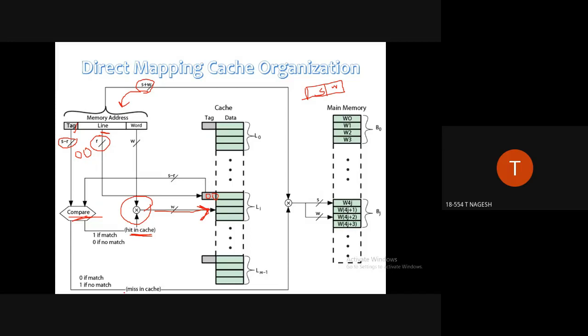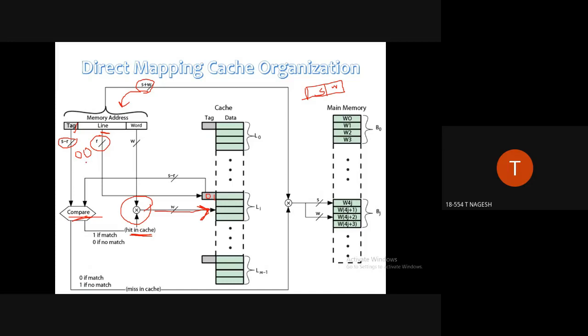So suppose that the tag value here is not this 00, but instead let us suppose the tag value is 01. Then what happens?